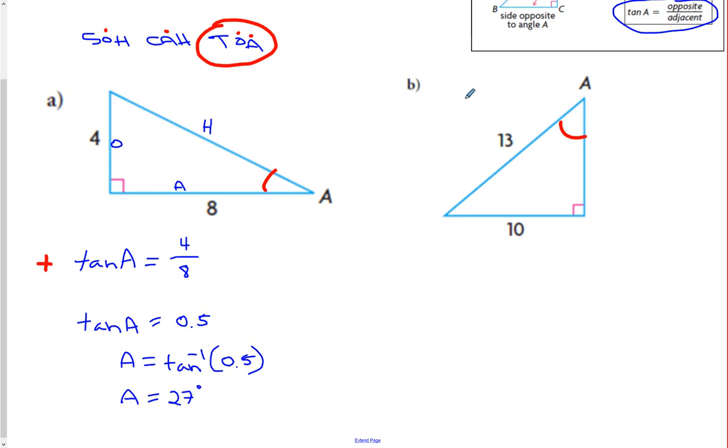Okay, I'd like you to give this next one a try. It's very similar, but you might not be using tangent ratio because I noticed there's a hypotenuse side in there. So that probably means you're using one of the other ratios. So let's go for it right now. On your paper in front of you, give that one a try.